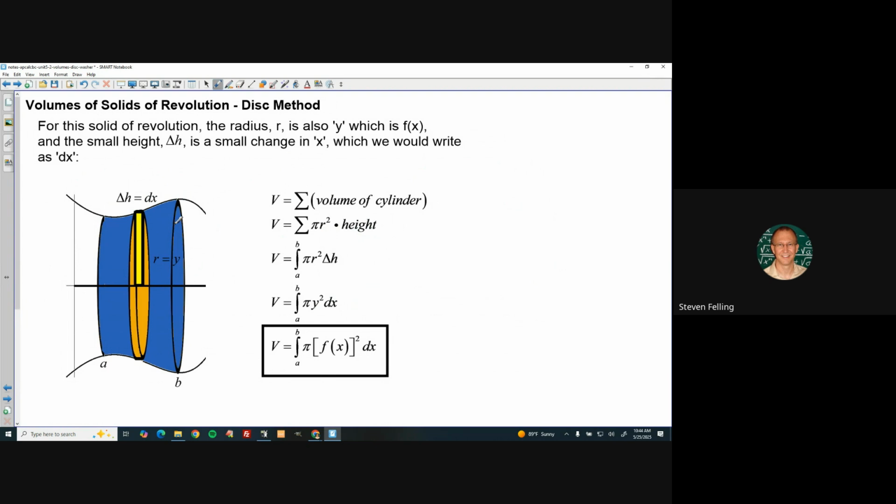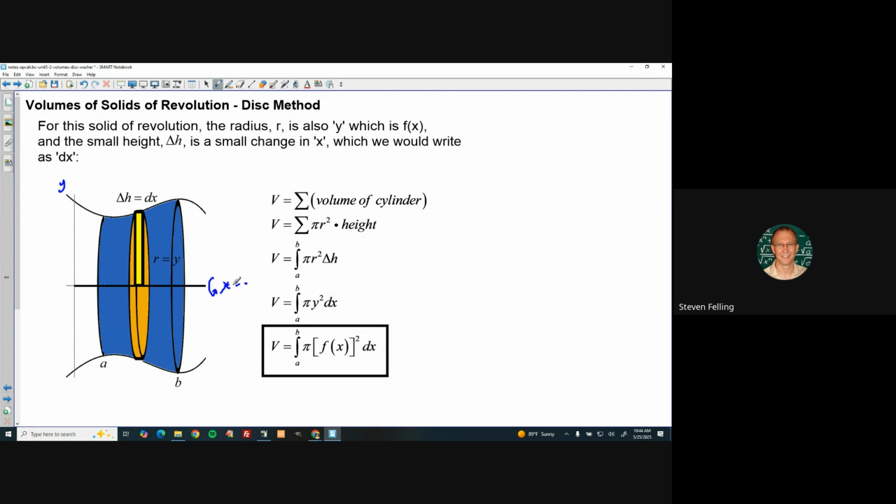So to find this, if we have a two-dimensional area that's being rotated around the x-axis, then that means we're going to be putting our rectangle perpendicular to that axis of rotation.